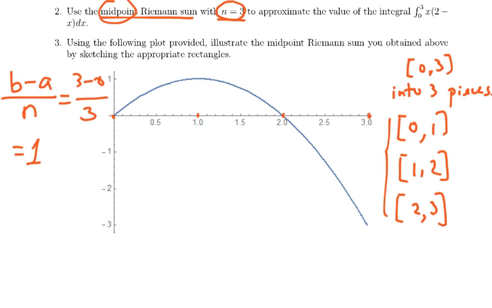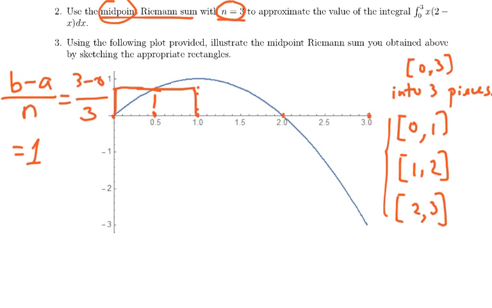For the interval from 0 to 1, the midpoint is 1/2 or 0.5. And then we're going to draw a rectangle with the height of the function value at 0.5. Okay, so this is our first rectangle.